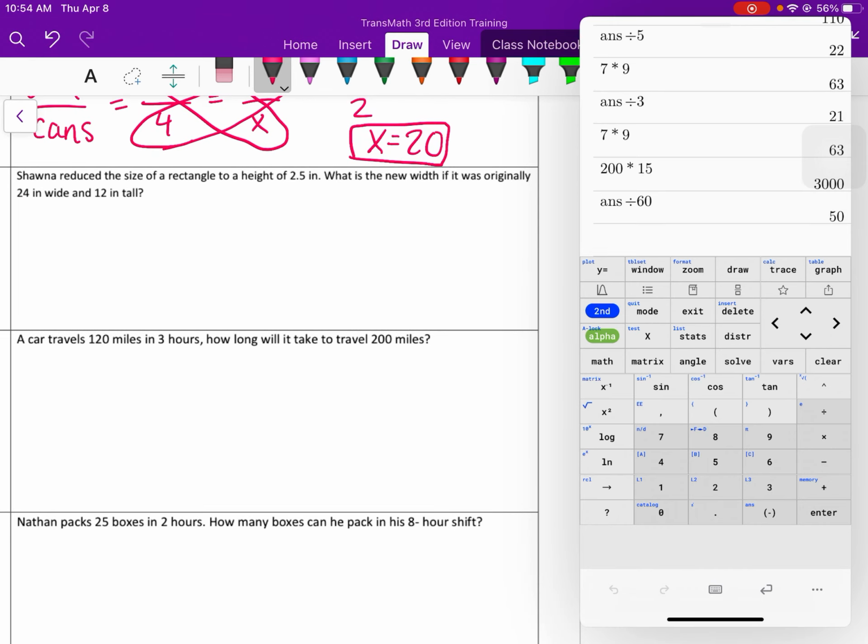Shauna reduces the size of a rectangle to a height of 2.5 inches. What is the new width if it was originally 24 inches wide and 12 inches tall? Alright, so we're going to do height over width.